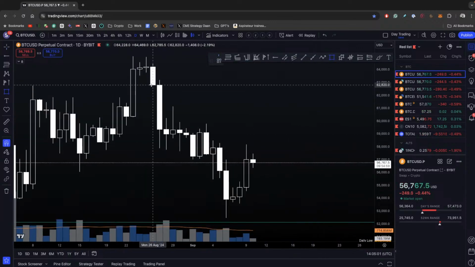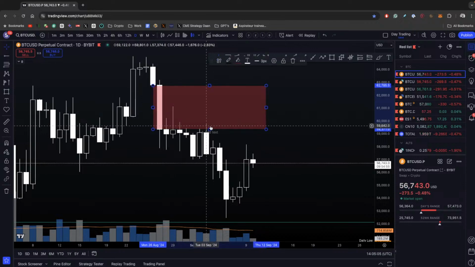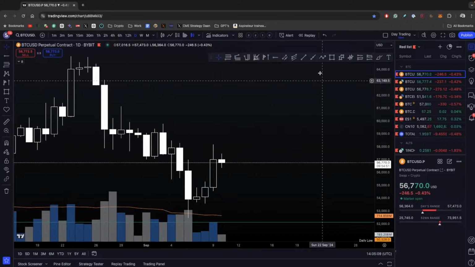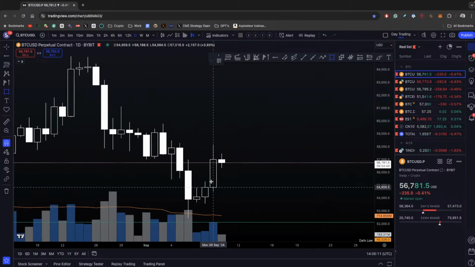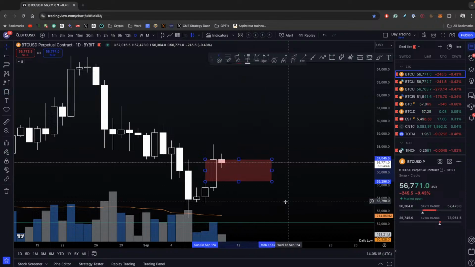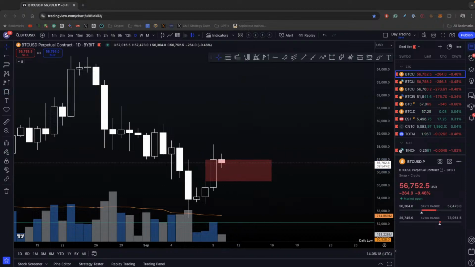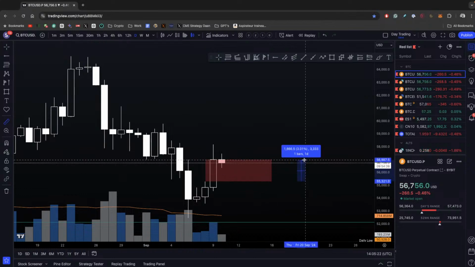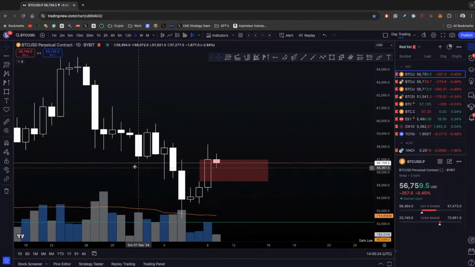But before we had to close, we had the unconfirmed fair value gap right here. So in the end, it was confirmed here, but unconfirmed it was here. Today, we opened with an unconfirmed fair value gap as such, right? This unconfirmed fair value gap was 3% high.